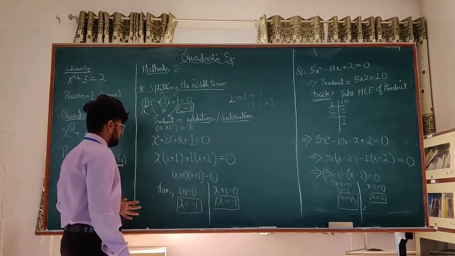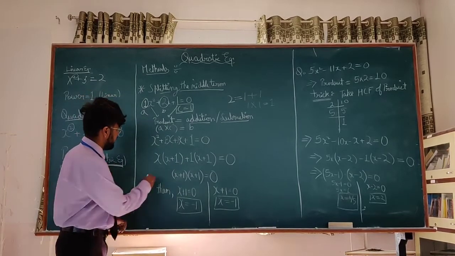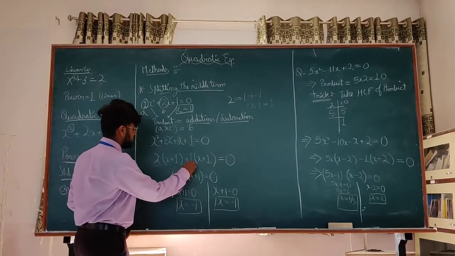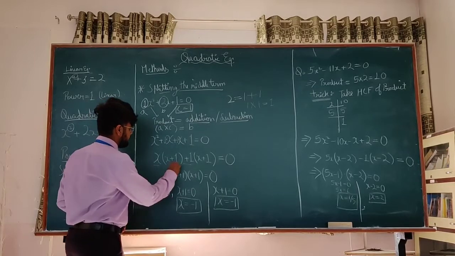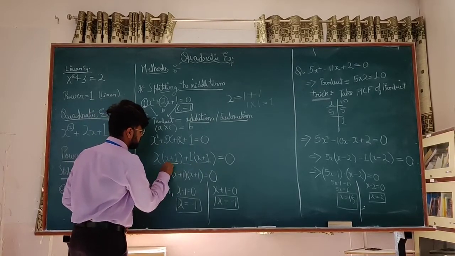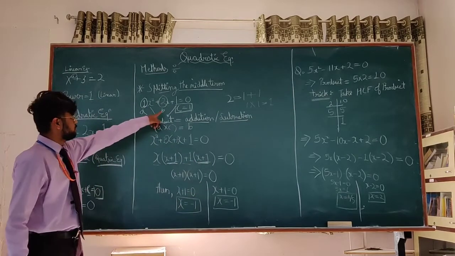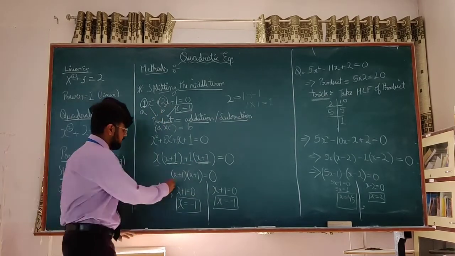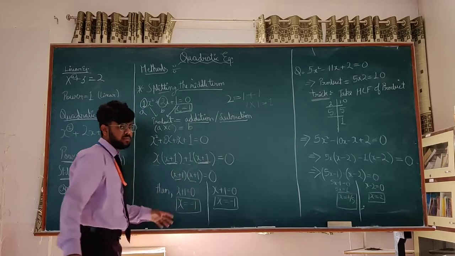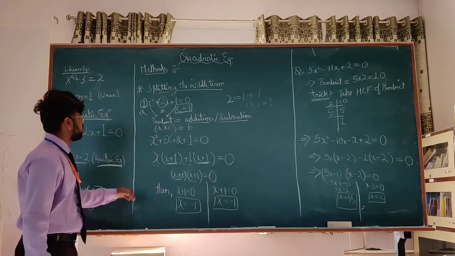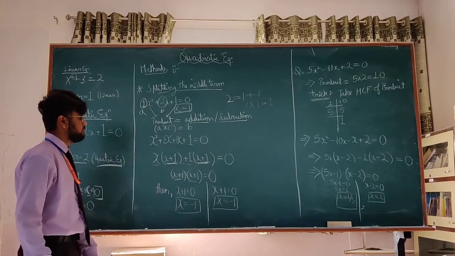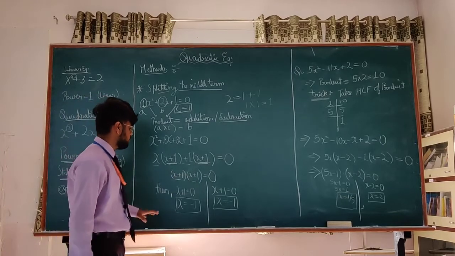So now we take x and plus 1 in a single bracket, with x plus 1 as common. This should always be equal. If this is not equal, your quadratic values are not correct. So x plus 1 and x plus 1, it is coming equal because of the question. Usually it doesn't come equal, only in few questions it comes equal.